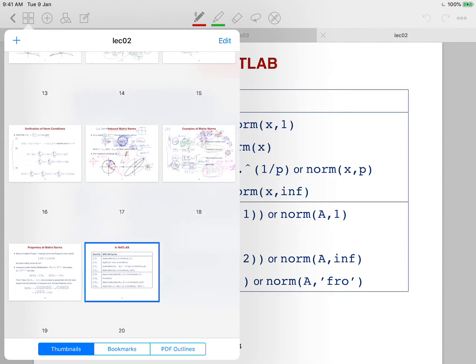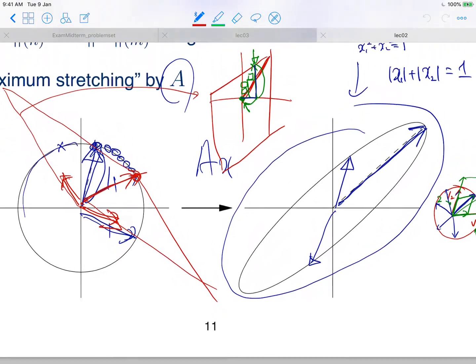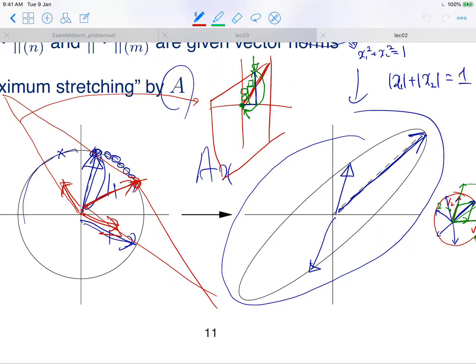So when we studied the induced matrix norm, you imagine this kind of figure. If we have a square in the input space of 1 0 and 0 1, then 1 0 becomes this vector after multiplying with the matrix A. So A times X is this vector, and the second one, 0 1, is transformed into this vector, right?